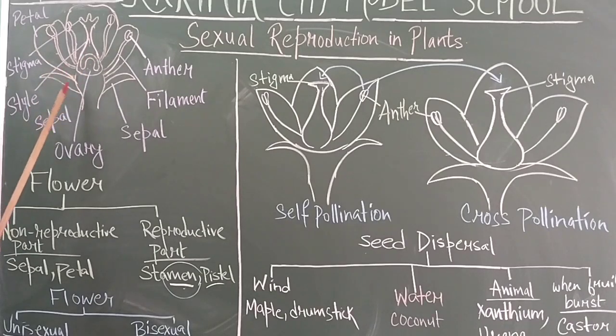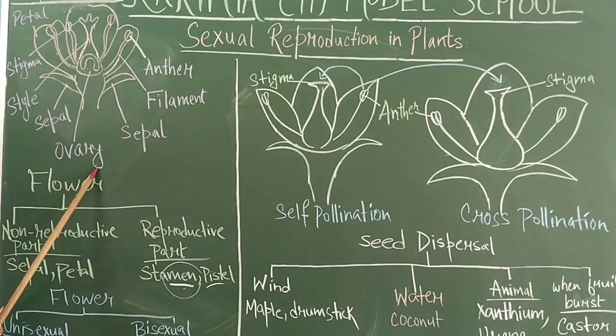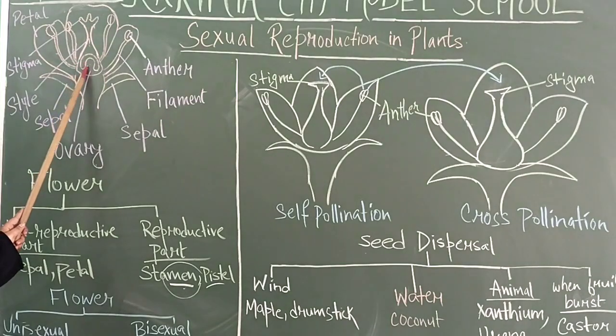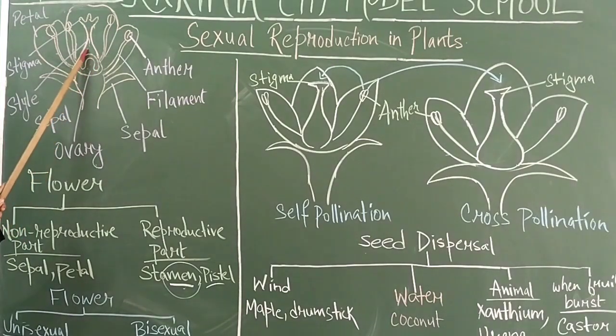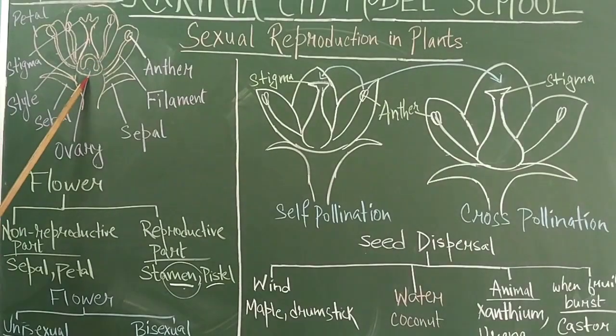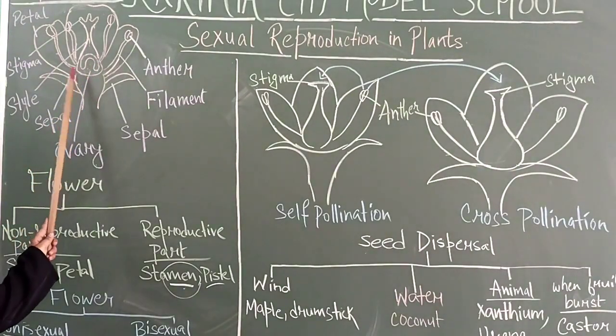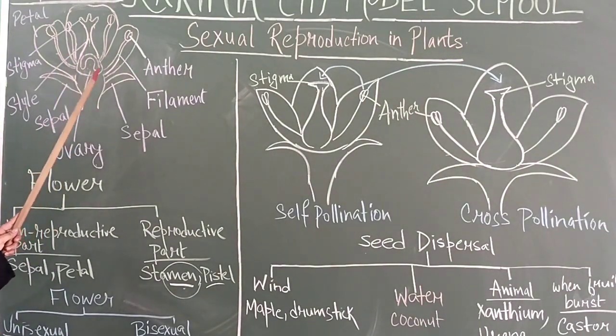The ovules in the ovary, what are there? In the ovary there are egg cells. Then the ovary will form a fruit, and inside the fruit there will be seeds, and after that the other parts of the flower will fall off.